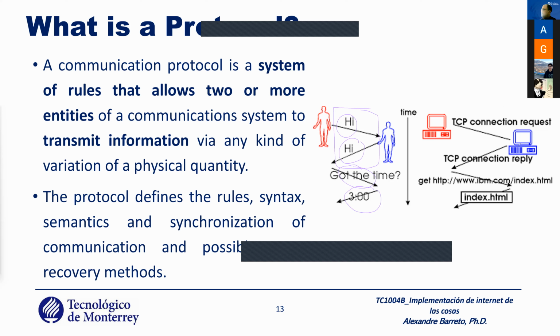The target replies with the answer, and after you receive the answer, okay, I can talk with you, you send the message, okay? This process, you will study in the network course. The name is three-way handshake.